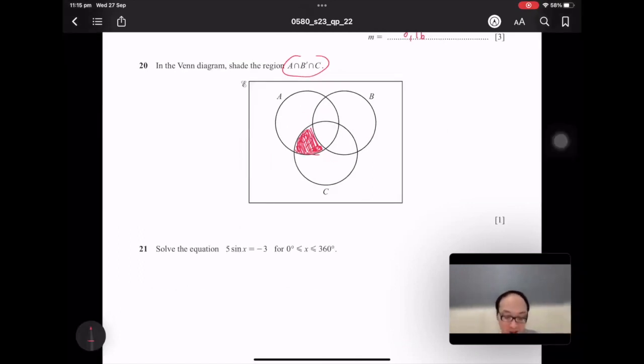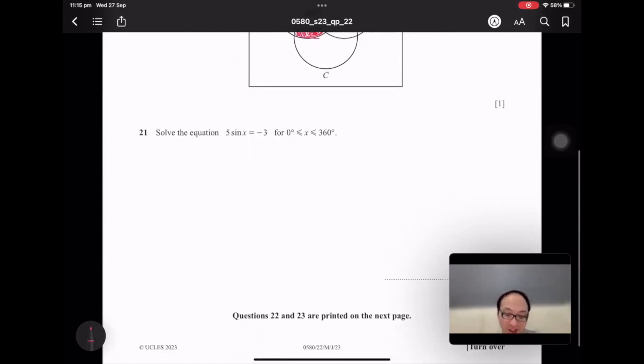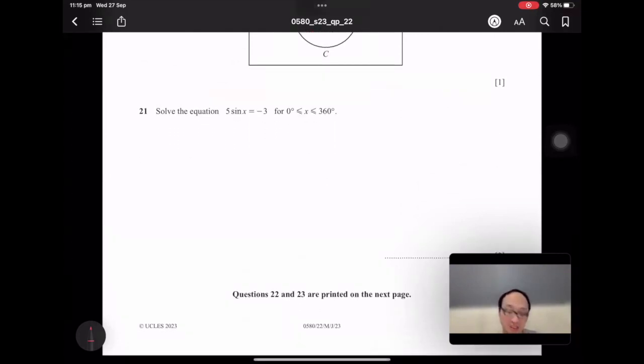Solve the equation 5 sine x equals minus 3. So we can have sine x equals negative 3 over 5. The negative value means it will be in the third or fourth quadrant for sine.